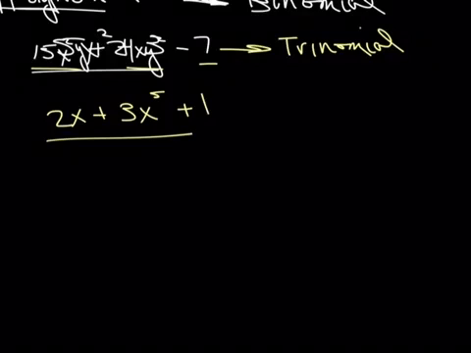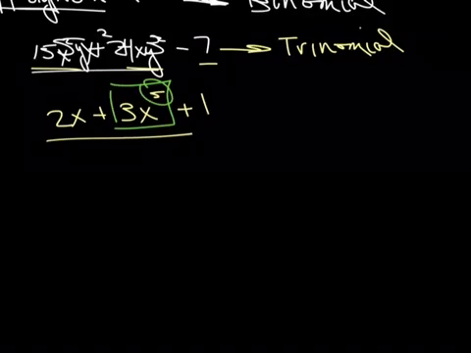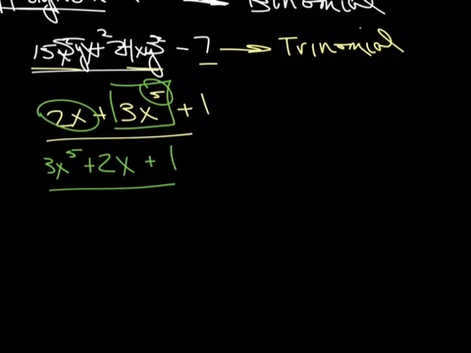So this one, the degree of this term right here is 5. So we're going to put it first because there isn't anything else with a degree of 5. This one has a degree of 1 because the exponent on the x is a 1. And then the 1 has 0 degree, so we put it last. So we put it in that order, and that's called the standard form.